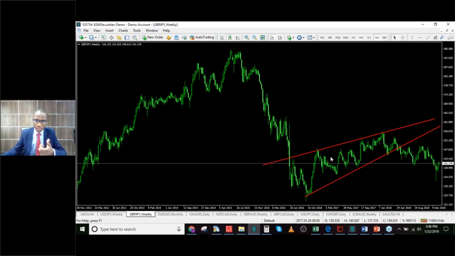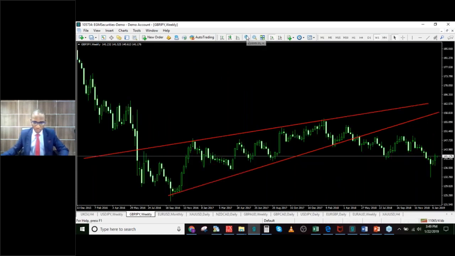This is the difference, because you realize that the upper line, the line of resistance, and the line of support, which is below here, both lines are facing the same direction, unlike the lines of a triangle where the support line is facing the opposite direction, while the resistance line is facing the other direction. For a wedge, both lines mostly or should face the same direction, as we can see on this example that we have. Let me just zoom in a bit for you.